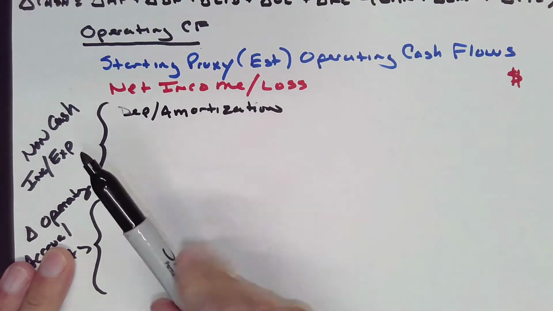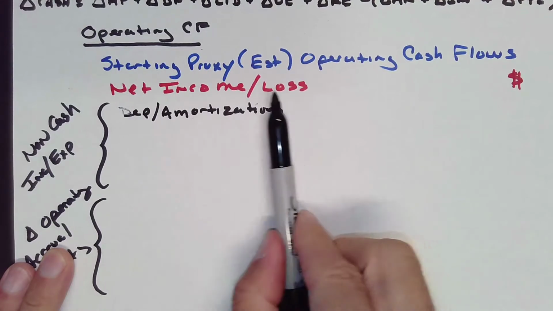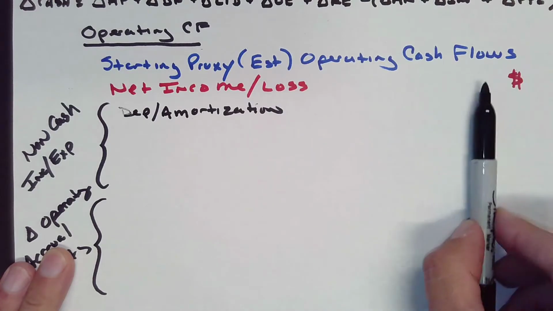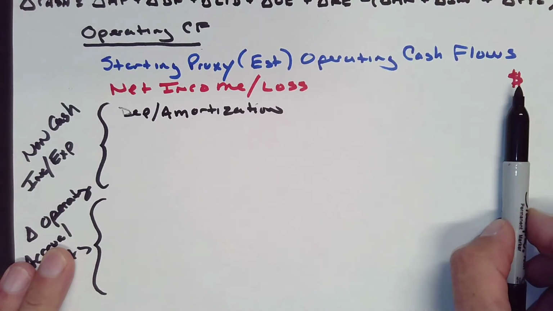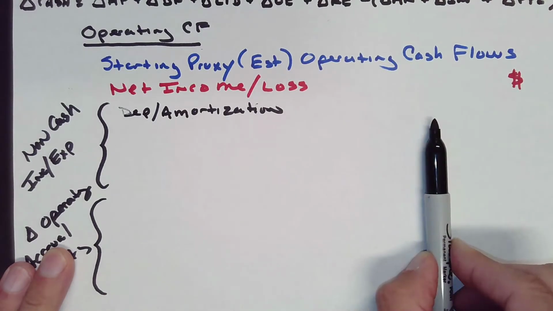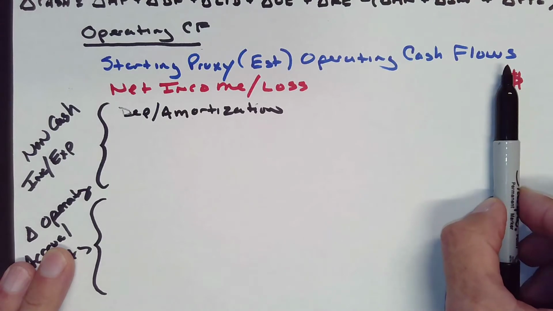Right? Depreciation and amortization are lowering net income, but that's a non-cash expense. Income's lower. Remember, this is our proxy, our starting point to come to operating cash flows, but this expense is not a cash expense.